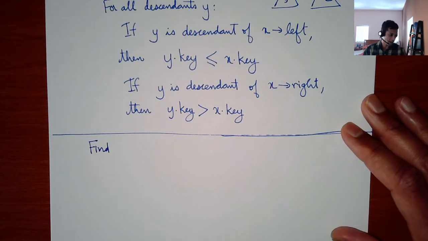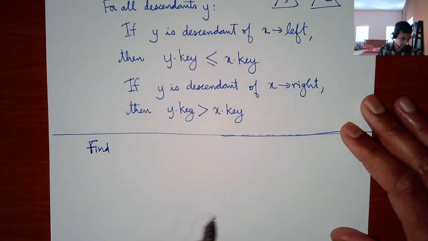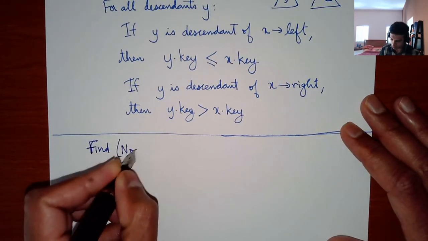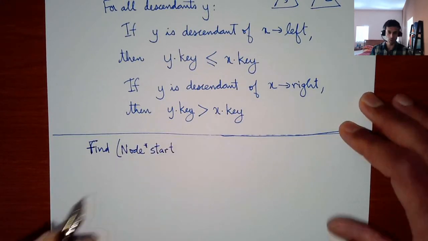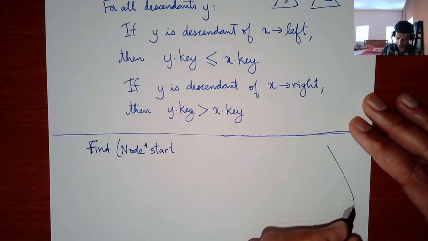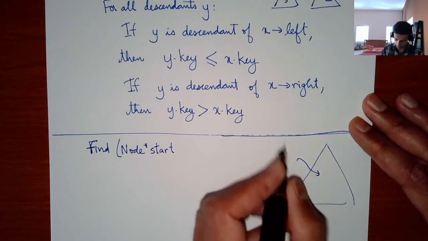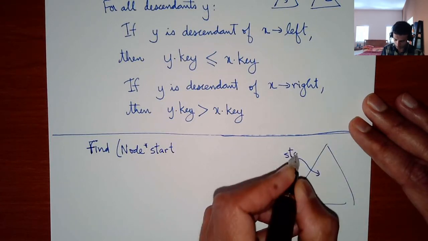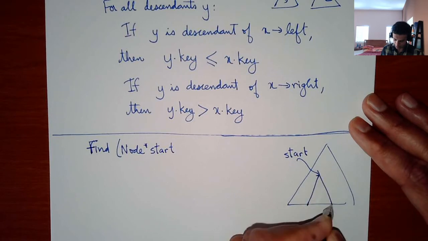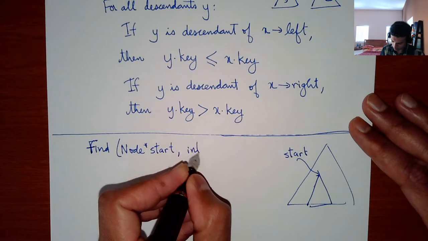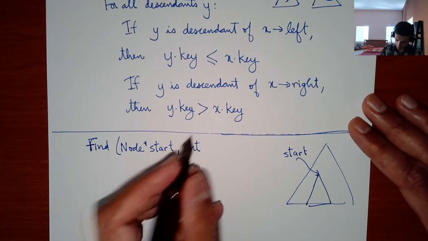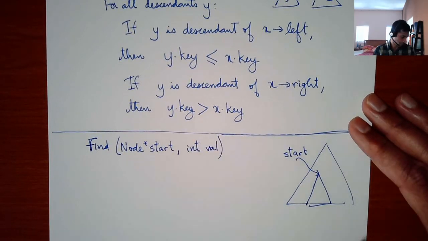So my find function, because I'm doing recursion, is going to have a pointer to start. This is going to be some node in my tree. Here's my tree, and this is some node, and I'm trying to find in the subtree. I'm going to search for a key called val.